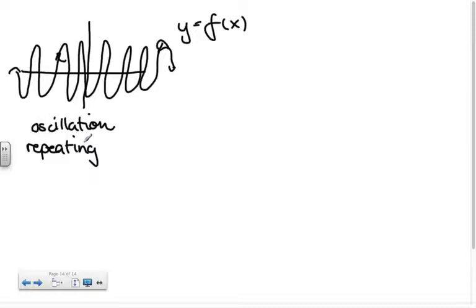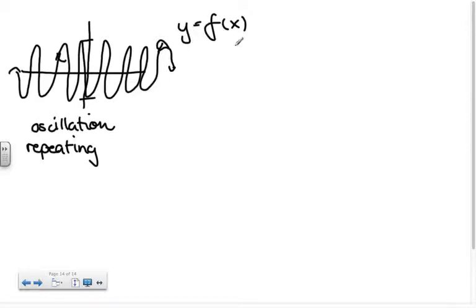I can give you an example. It's really hard for me to draw it out, but I tried my best, so deal with it. In this situation, I do not say the limit approaches infinity, because it's not. It's oscillating between two different numbers, a positive number here, a negative number there. In this situation, I say the limit does not exist.